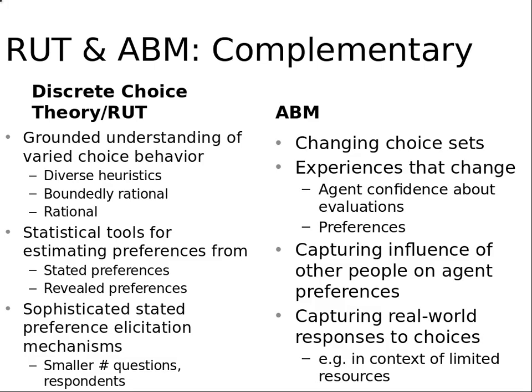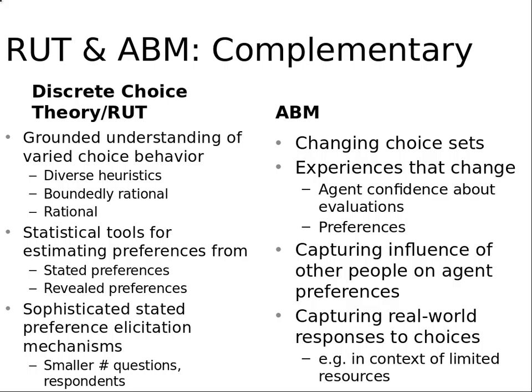Agent-based models can allow us to capture the effects of experiences that change people's preferences or their level of knowledge about certain choices, so their confidence about their assessment of different choices in terms of their preferences. Agent-based models can capture the effects of other people surrounding that agent and capture real-world responses of an agent to choices.